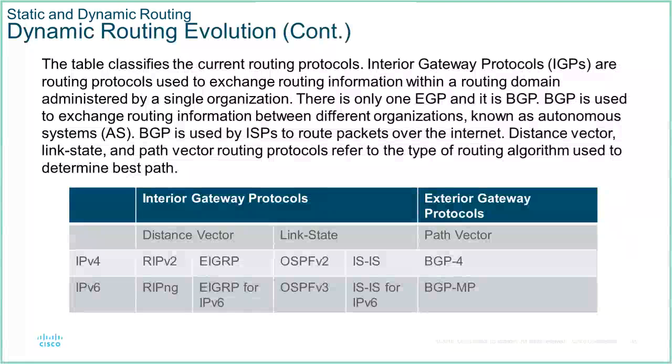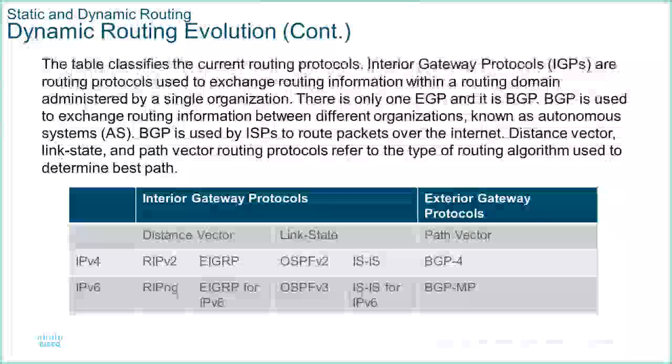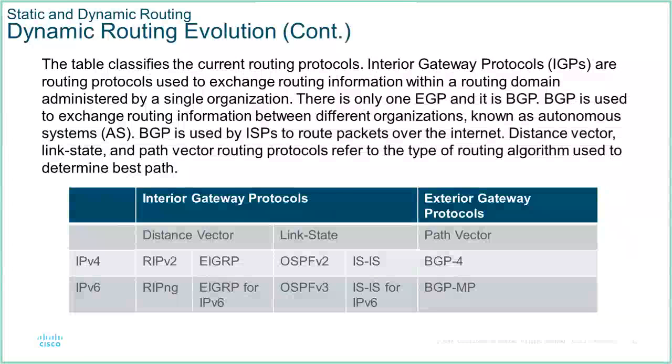Exterior protocols are the ones that interconnect ISPs or the organization to organization. So the official term is autonomous system to autonomous system. Basically, a set of networks that are commonly administrative is known as an autonomous system. So all those networks interconnected together under the one administrative team is an autonomous system.